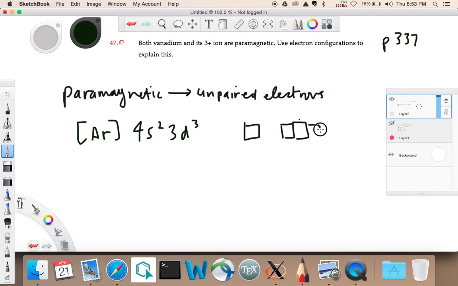I'm not drawing all of it. There's my 4s2, 3d, and boom, here's my unpaired electrons. That totally explains why vanadium would be paramagnetic. But why would vanadium 3+?